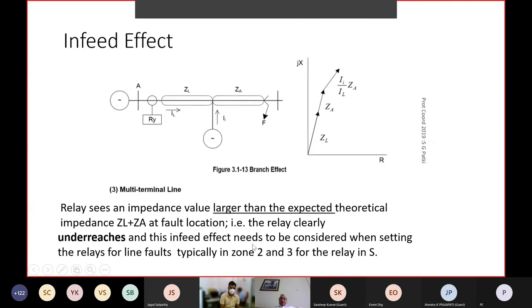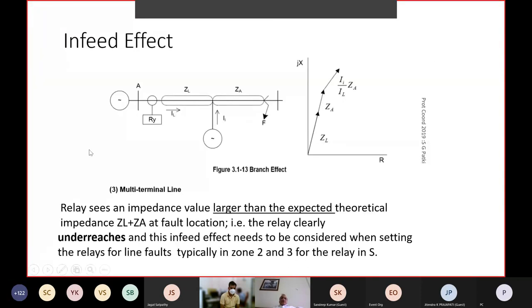So the relay sees an impedance value which is larger than the expected theoretical impedance. That means for the distance element, where the location of the fault will be based on ZL plus ZA, this will actually be seen to be higher by this relay because of this additional infeed factor. So this is another one.